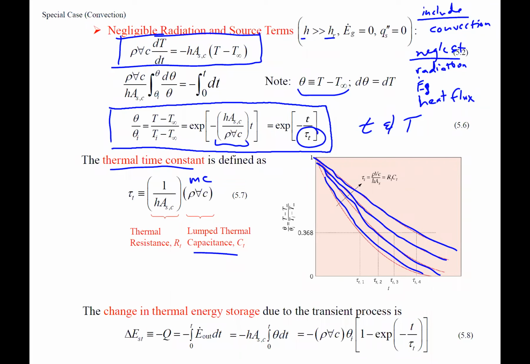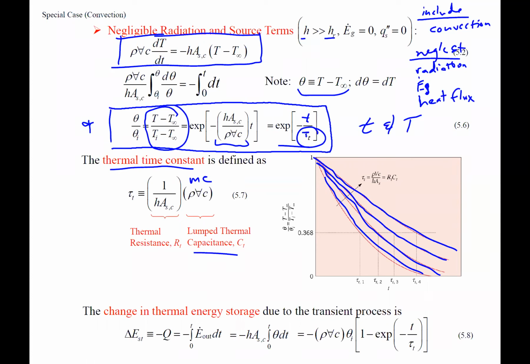It's showing 0 to 1 because this equation, if you're just looking at the exponential with time over the time constant, results in a number between 0 and 1. This is seconds and this is seconds, and it cancels. So it's just a ratio from 0 to 1 in delta T's. So it's all non-dimensional when you look at it that way.